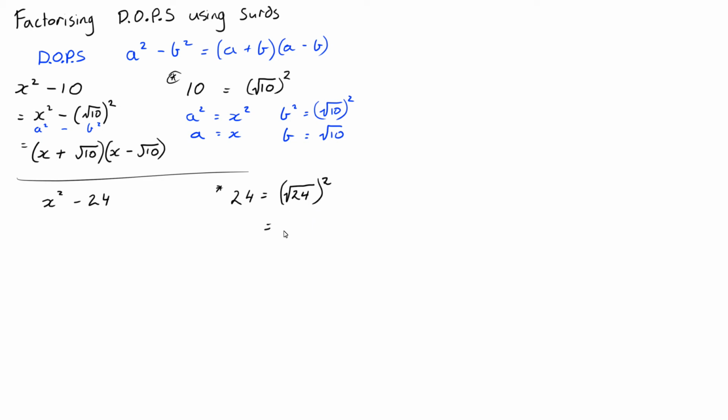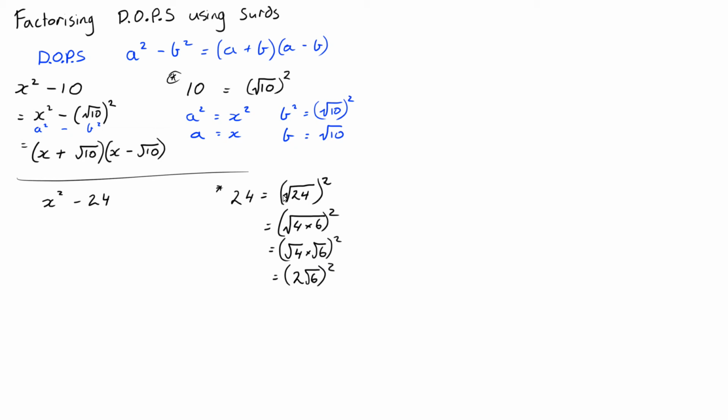If I'm taking the square root of 24, I can split it up into two factors, 4 and 6. The reason I do that is because I can get the square root of 4 times the square root of 6, and the square root of 4 is 2. So I'm simplifying the surd. Now all of this is still being squared, so I'm just going to put those back in.